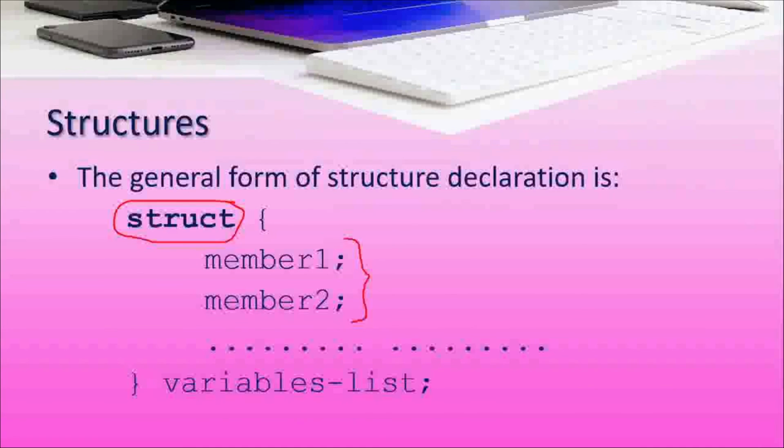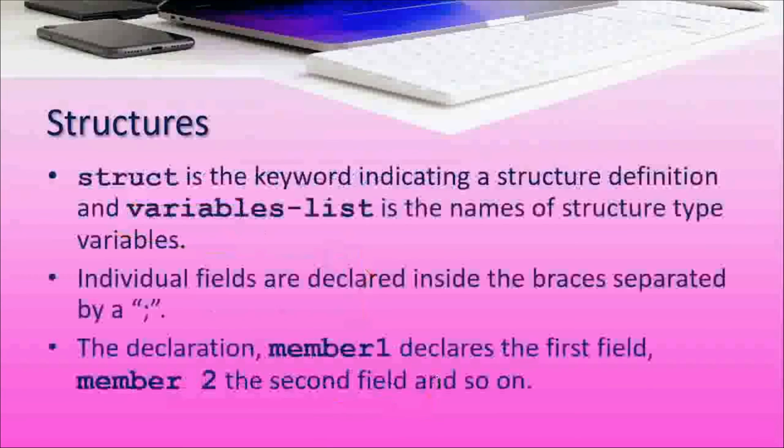Then the brace ends, then the variables list, the list of variables of the structure type. So struct is the keyword indicating a structure definition, and the variables list is the names of the structure type variables, the different variables of the type struct that we have created.